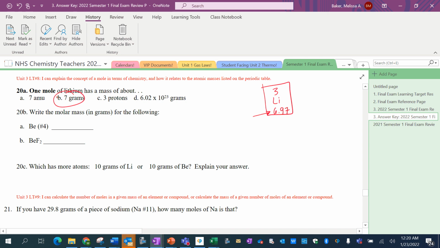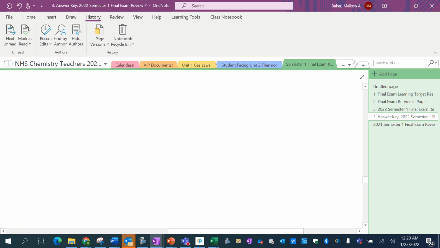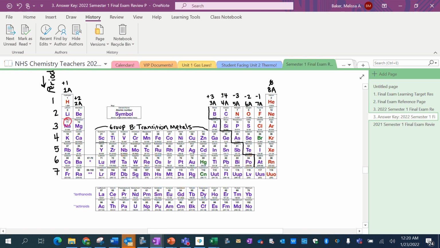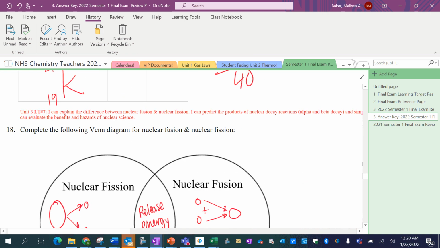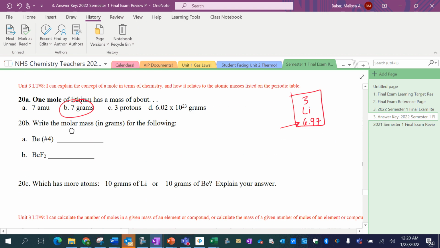What's the molar mass for Be and BeF2? Be is 9.0122. And F is 19. So for BeF2, we need to do 9.0122 plus 19 times 2.